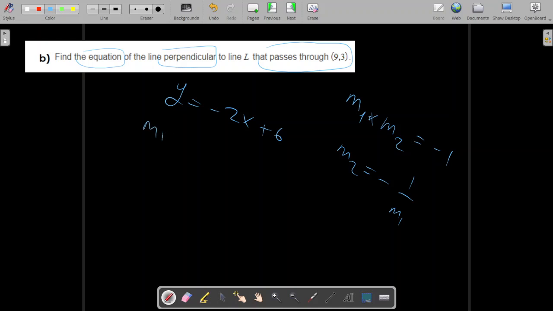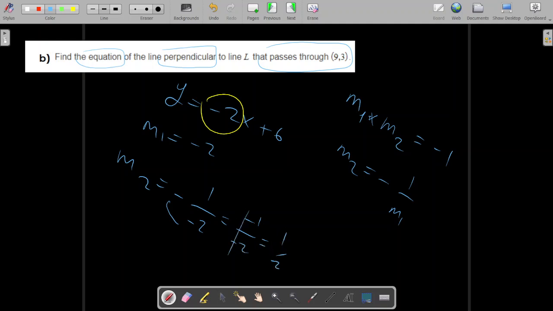Since m1 is equal to minus 2, m2 is actually equal to negative 1 over minus 2. These two negatives become a plus, so you remove the negative, and it's going to be equal to half.